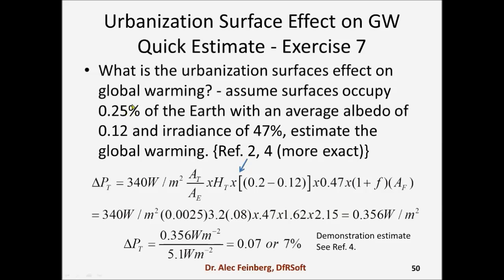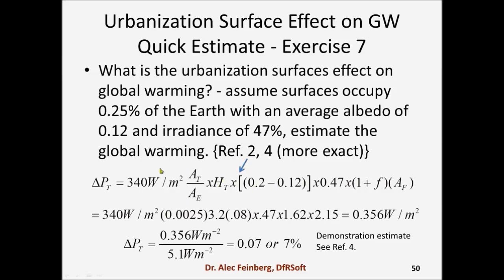It talks about the estimate for how much of the Earth we've made with impermeable surfaces, which some of that causes solar heating, and some of that has higher reflectivity, but typically we have dark buildings as well as rooftops and things like that. Now I took for this example, I used about 12% reflectivity on average for urbanization, and we have that 47% solar energy that comes in.